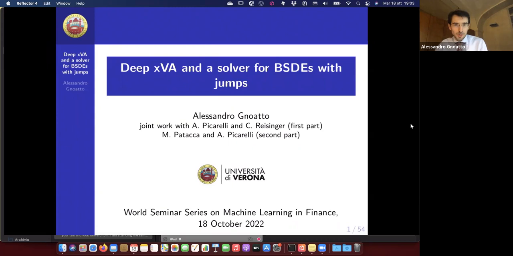We will talk about Deep xVA in the first part, and in the second part we will be talking about a solver for a backward stochastic differential equation in the presence of jumps. The first part is based on a work with Athena Picarelli, who is here in Verona, and Christoph Reisinger from Oxford, whereas the second part, a work in progress on the solver, is based on a joint work with Marco Patacca and Athena Picarelli, who are both here in Verona.